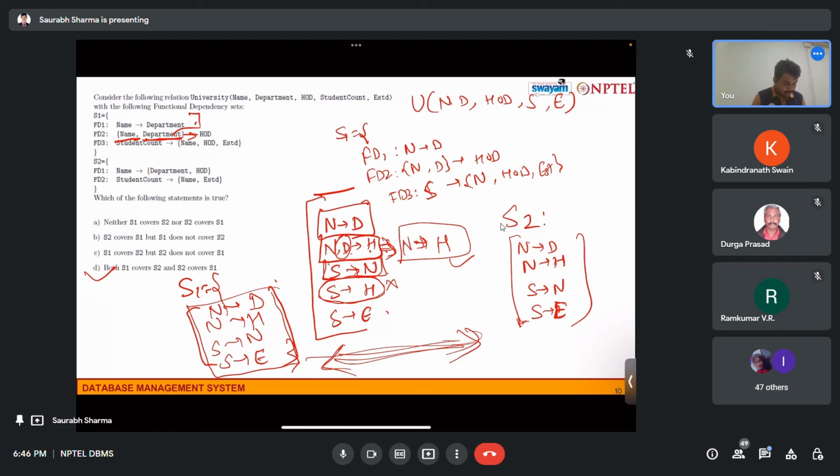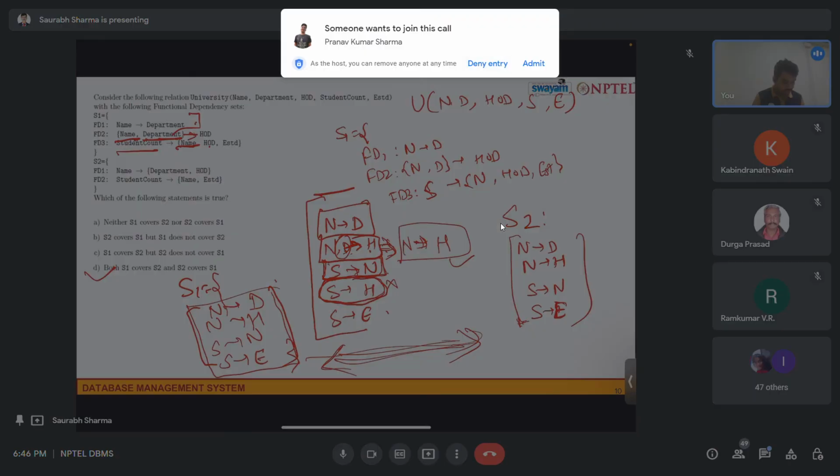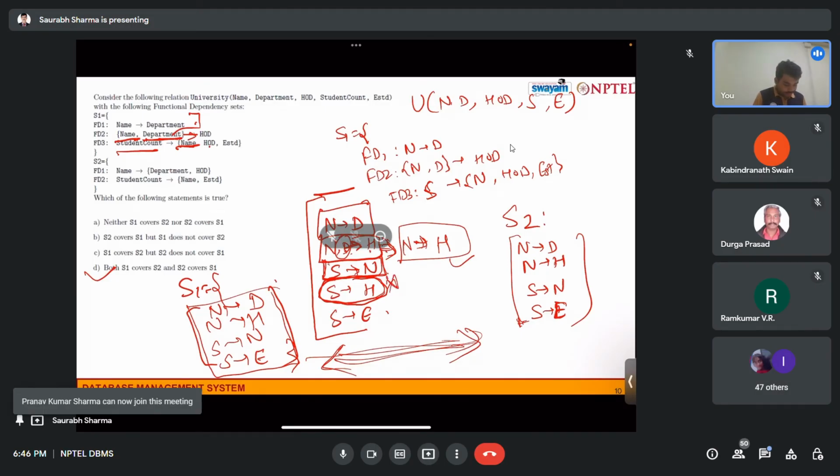Next, if S is determining N, meaning student count is determining name, and name is determining H or HOD, then from the transitivity rule we saw in previous slides, there is no need of this statement, student count derives HOD, because it is obvious now. So we can eliminate this.